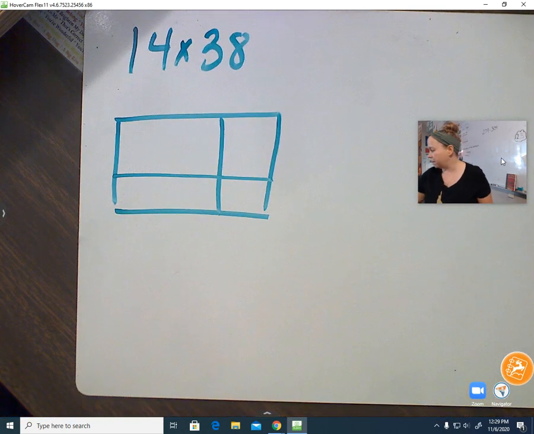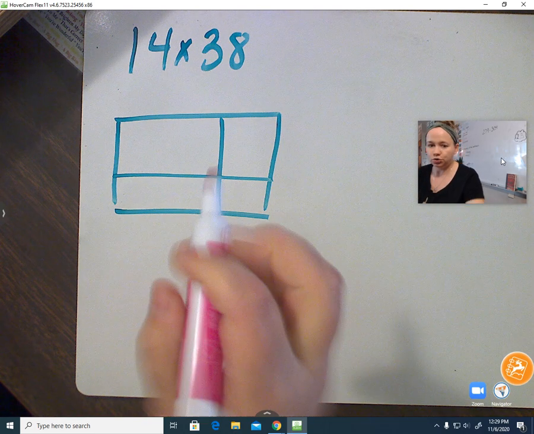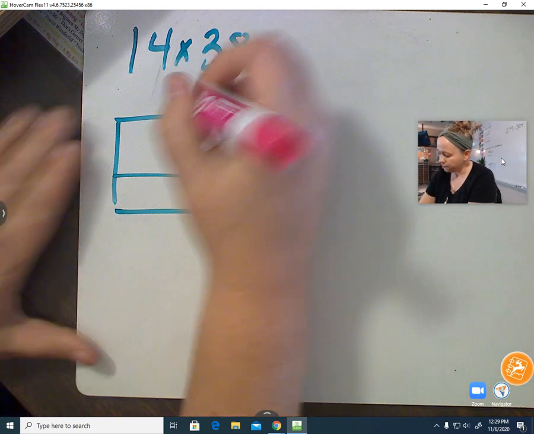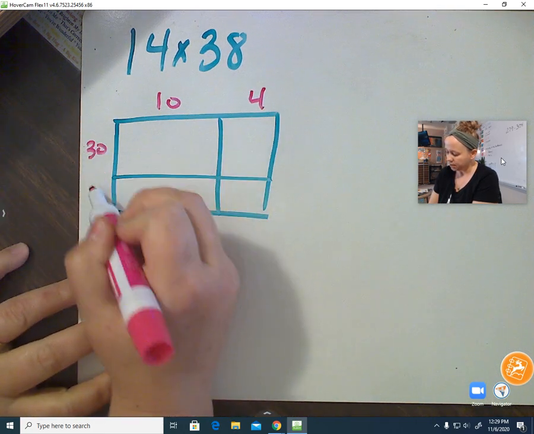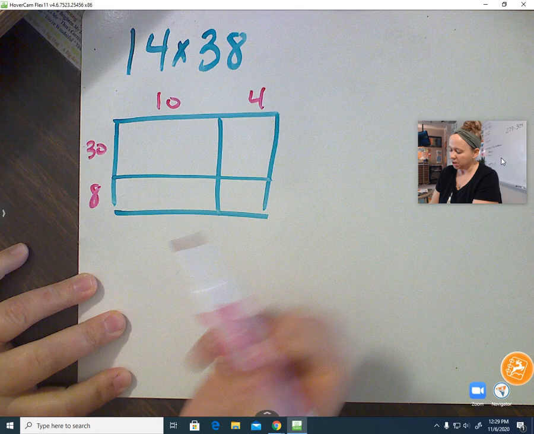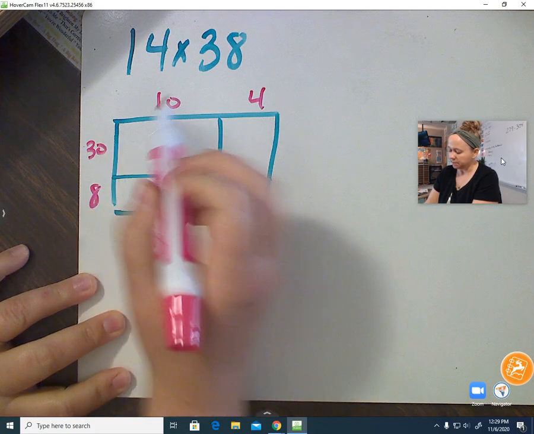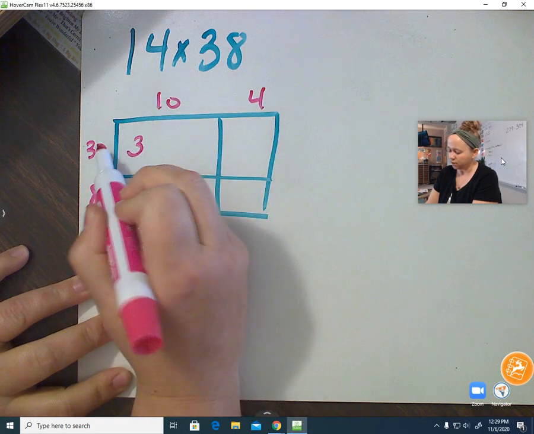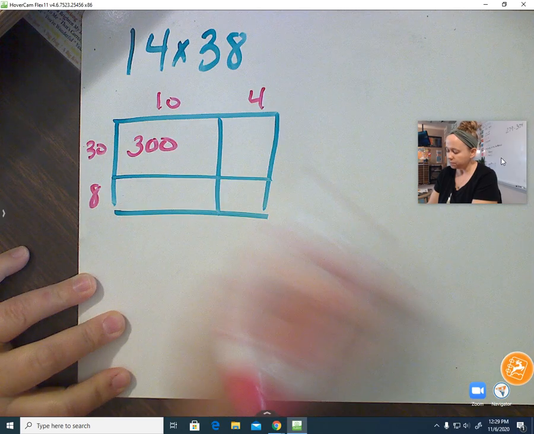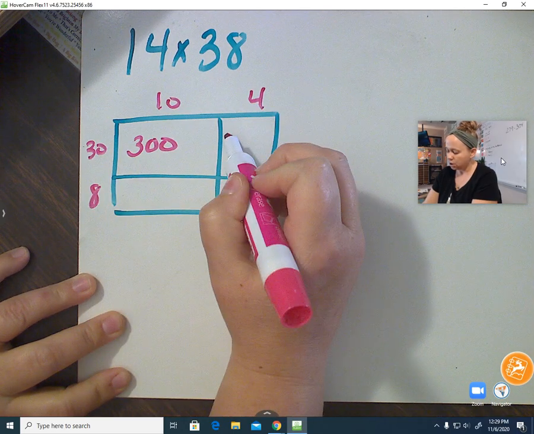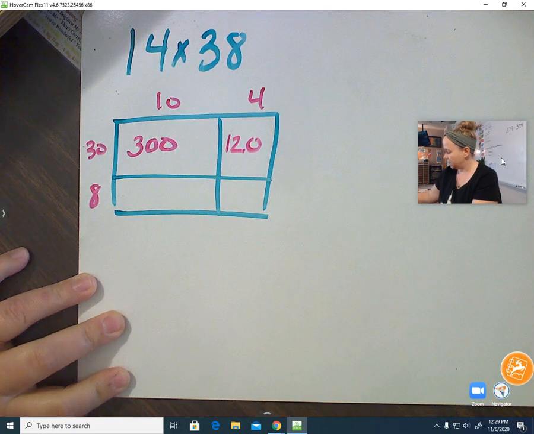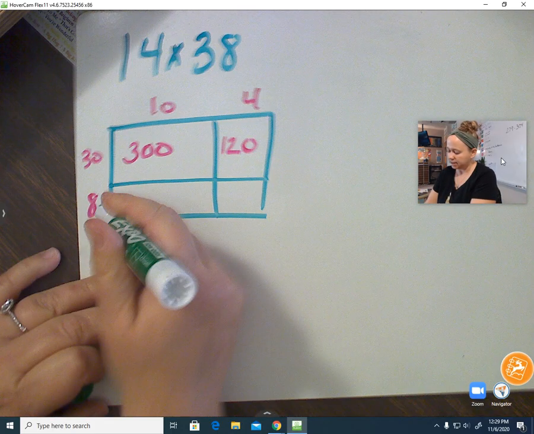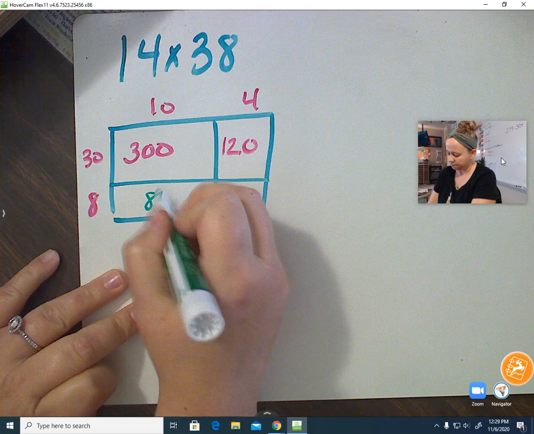14 times 38. Remember yesterday, we broke apart the 14 into 10 and 4, and the 38 into 30 and 8. So then we multiplied 30 times 10, and we got 3, and then 2 placeholder zeros. And 30 times 4 was 3 times 4 is 12, and 1 placeholder 0. And then we multiplied 8 times 10, and that was 80.